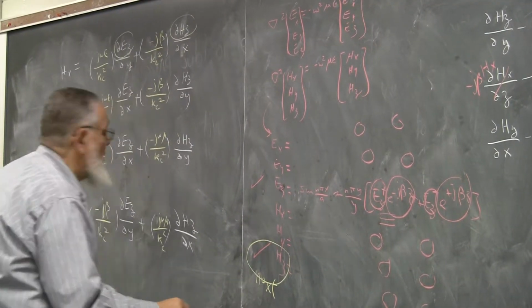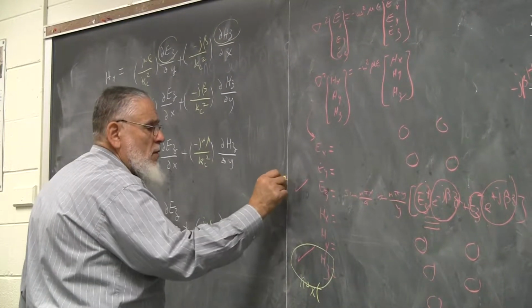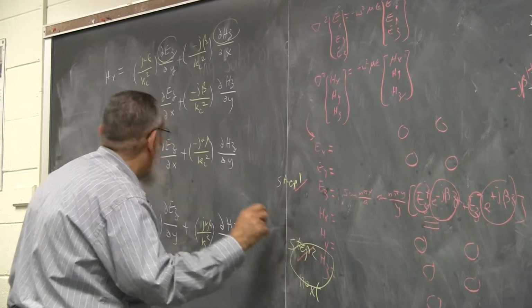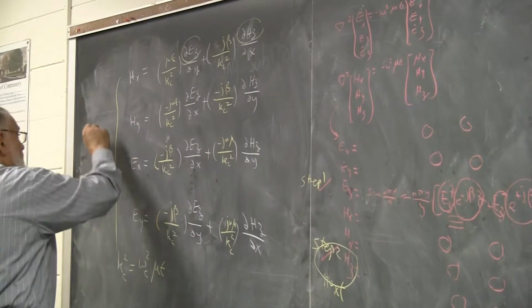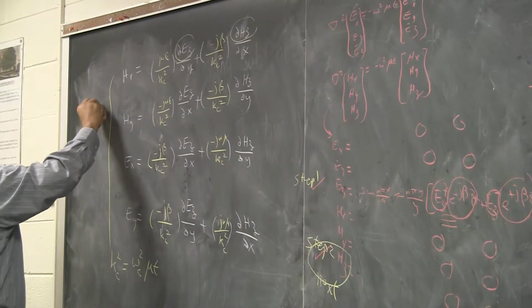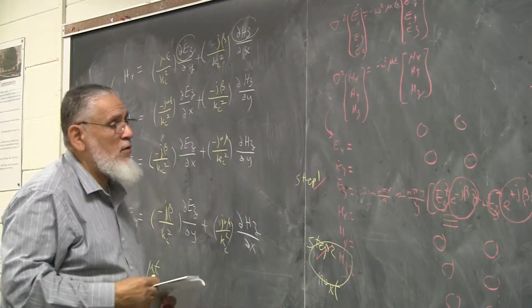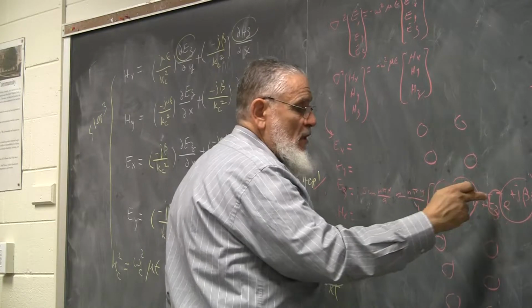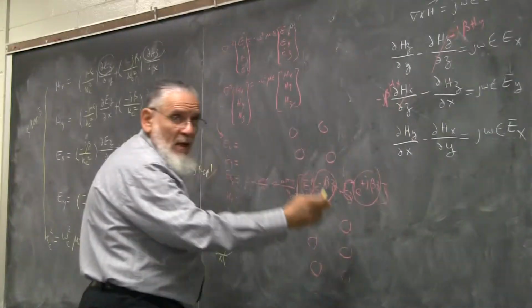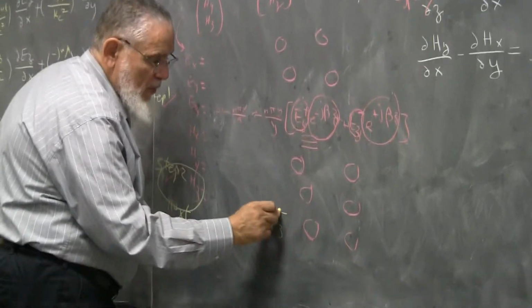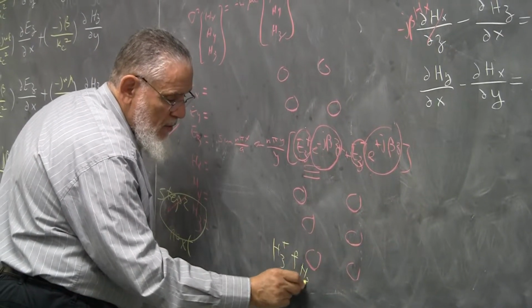Once we do that, that was step one. That's step two. And this here will be step three. As you can see, you will have your final solution in terms of E sub z plus and E sub z minus and H sub z plus and H sub z minus.